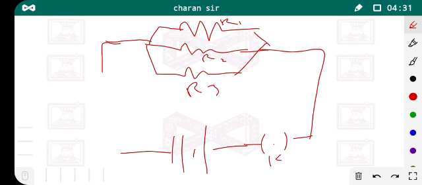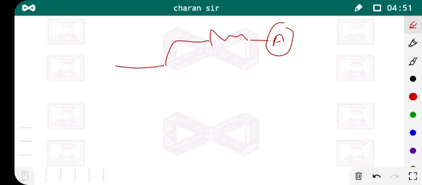We connect the ammeter in series with R1 and the voltmeter across R1. We draw this circuit once again. Now in the second case we have three resistors, but we connect the milliammeter in series with R1 for measuring the current through R1, and for measuring the voltage we connect the voltmeter across R1.